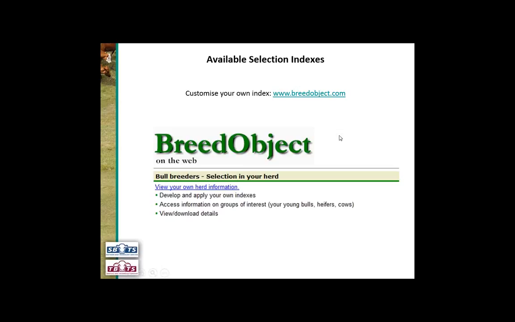For example, if you're a commercial breeder who wants to do a bit different to what's currently offered by the breed society or the breed that you buy your bulls from, you can again go and design your own index, which allows you to make decisions on which bulls you buy.